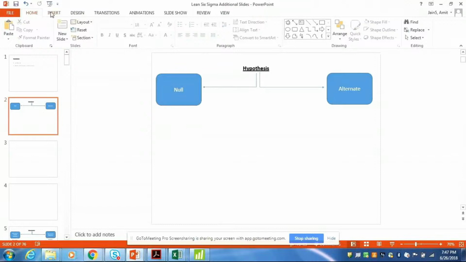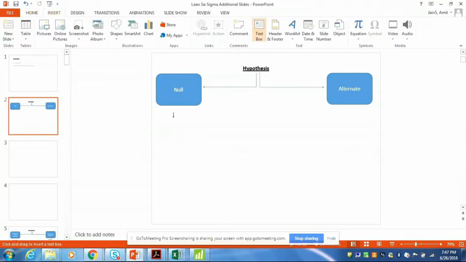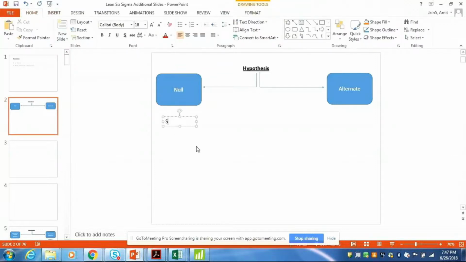Null means everything is status quo. There is no impact or no relation of anyone on anything.